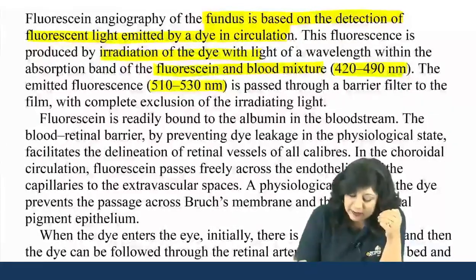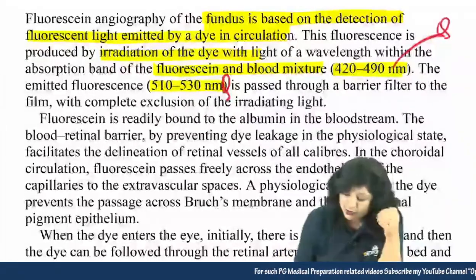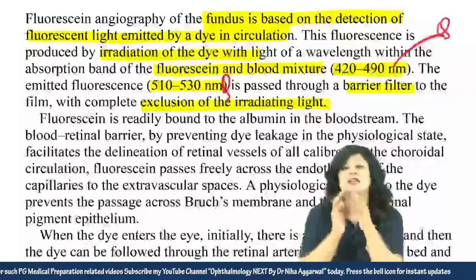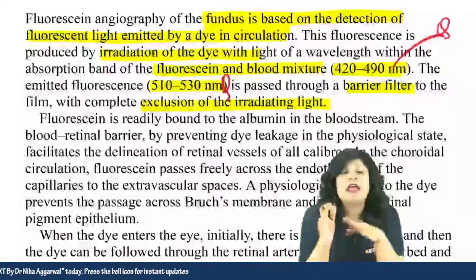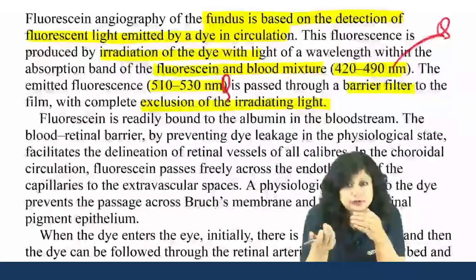So this is again important. They absorb the lower one and release the higher one, and it is passed through a barrier filter to the film, with complete exclusion of the exciting light. Again, this is a very basic principle, and for the fluorescein dye, which filter are we using? Cobalt blue filter.